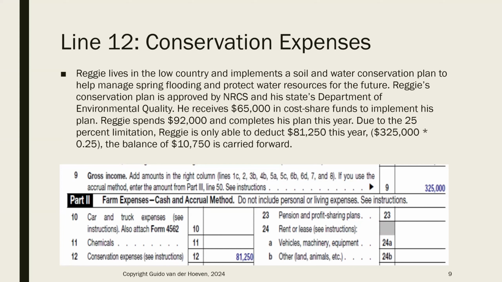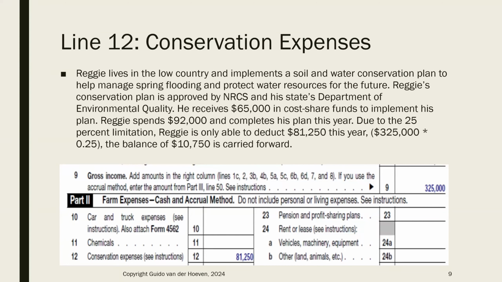I calculated that by 325,000, which is the gross income, which you can see in box 9, times 25%, and that's that limitation. And then the balance, which is going to be the $10,750, if I've done my math right, is going to be carried forward.